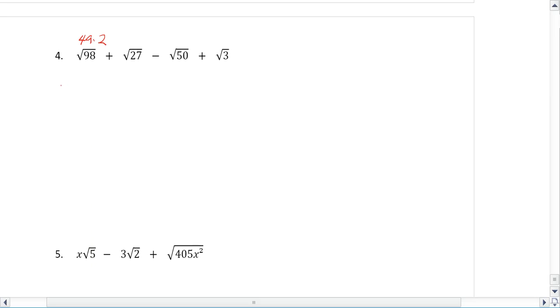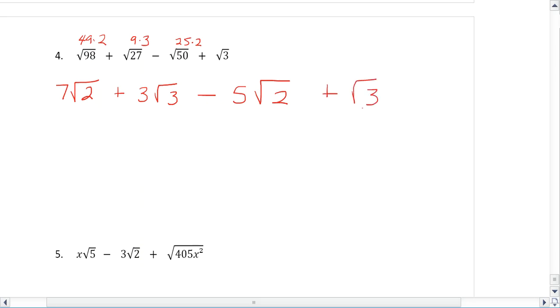Square root of 49 is 7, so this simplifies to 7 square root 2. 27 is 9 times 3, so that simplifies to 3 square root 3. 50 is 25 times 2, so that simplifies to, and notice the subtract sign, minus 5 square root of 2. And this last term doesn't need simplifying.